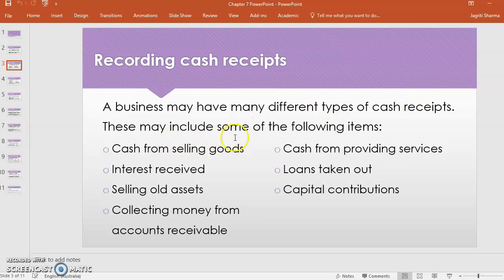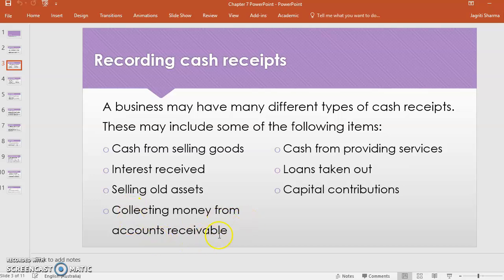These may include some of the following items. So cash from selling goods. If a business is selling goods, they're getting money in return for those goods. Interest received, so they're getting interest on the money deposited in the bank. Selling old assets. When you're selling something, you're having the cash inflow. So this is your cash receipt.